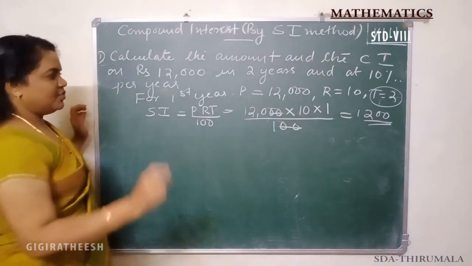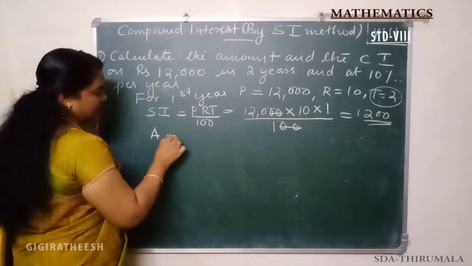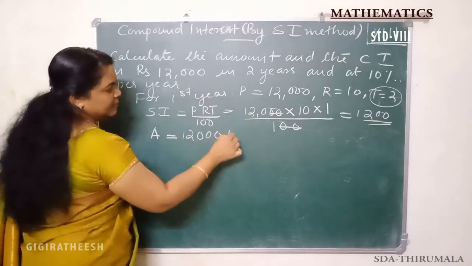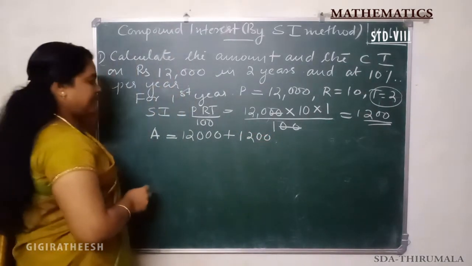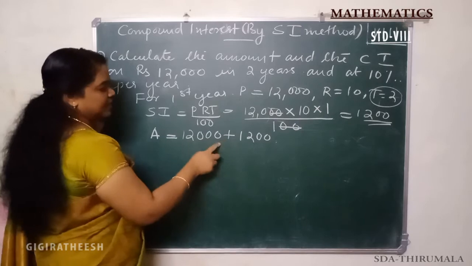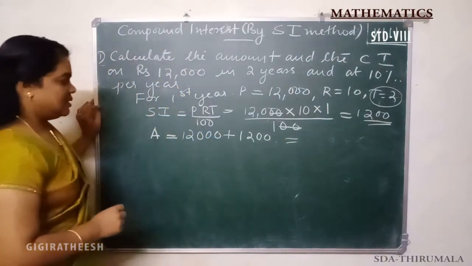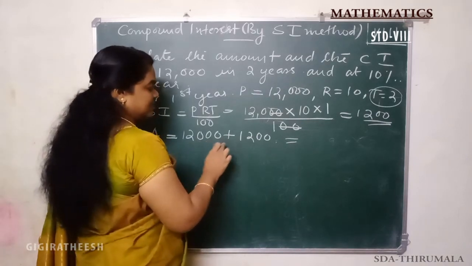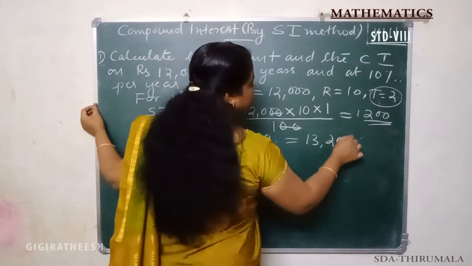And then after the first year, what is the amount? The amount after the first year is the principal plus 1200, that is P plus I. So 12,000 plus 1200 is equal to 13,200 rupees.